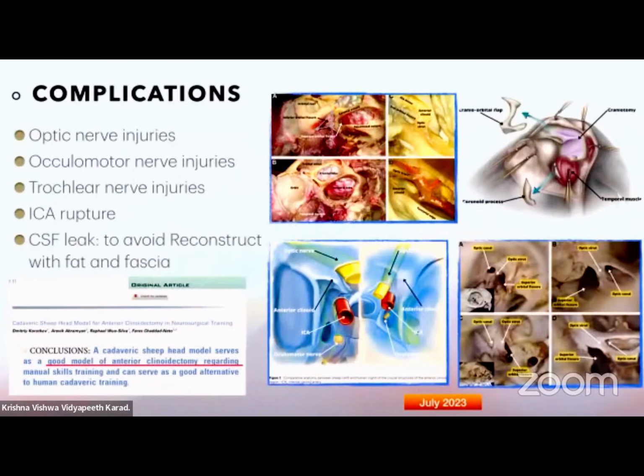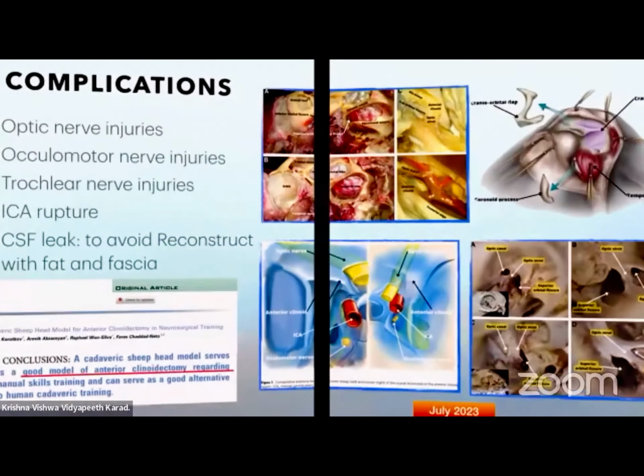As regarding the complications, the avoidable ones will be fewer with more cadaveric training. Recently, it was reported that the sheep head is a good model for training on clinoidectomy.